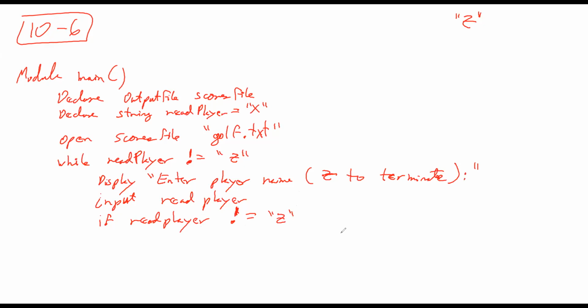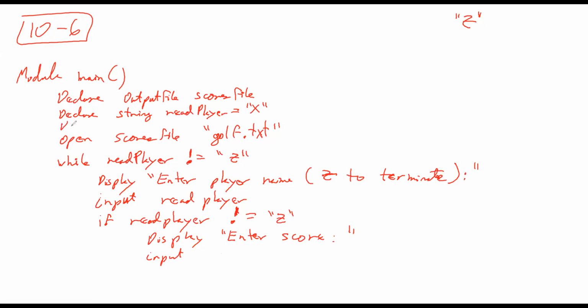So I'm going to say display. We still need the score. Enter score. So that means we need to input a variable.